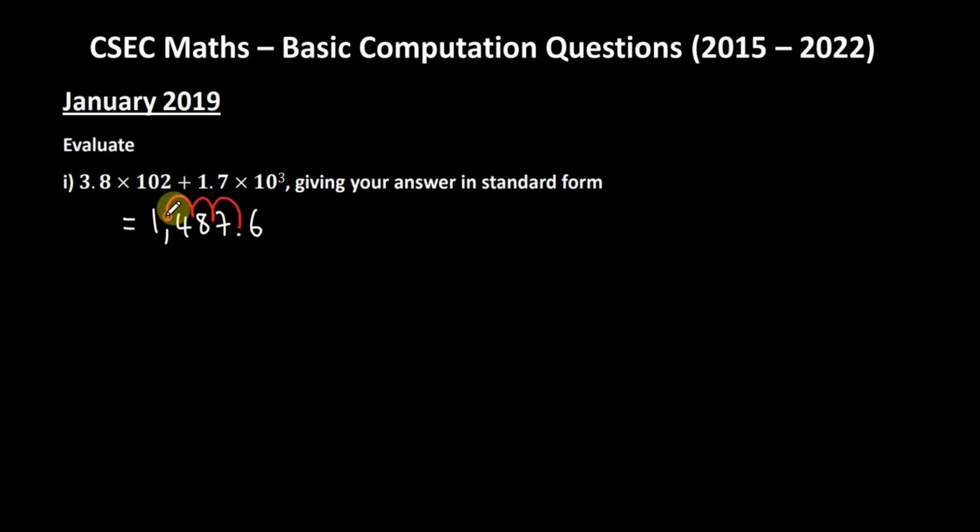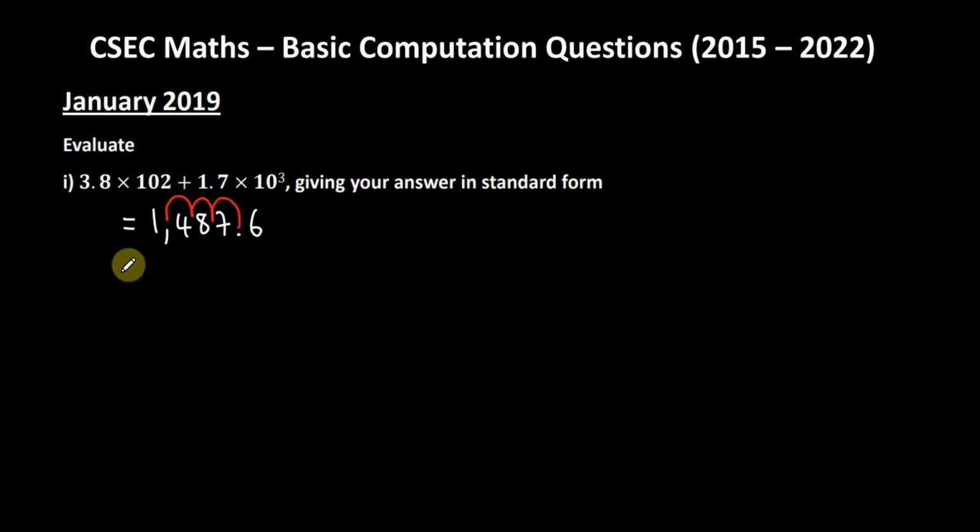Now the digit to the left of the decimal point should actually be a number from 1 to 9. Can't be 0. If you have a number greater than 9, it would have more than 1 digit, and we only want 1 digit on the left of the decimal point. That digit can be from 1 right up to 9, so it can be 1, 2, 3, 4, 5, 6, 7, 8, or 9.